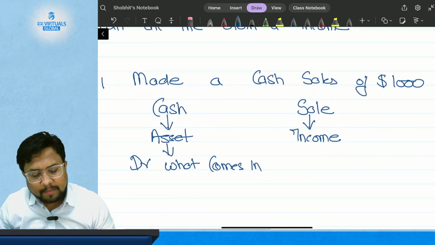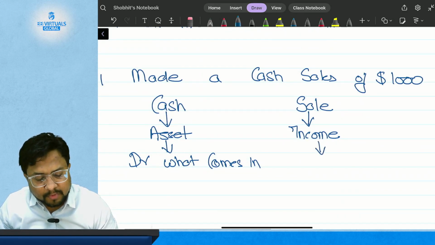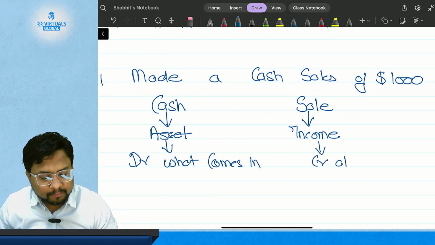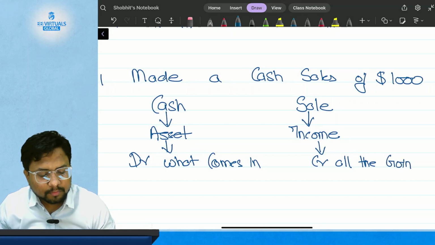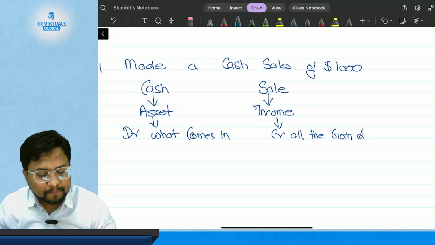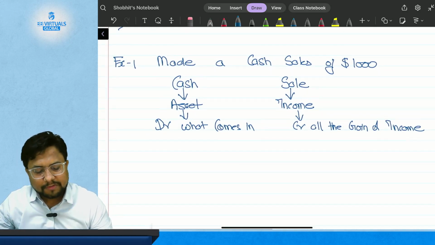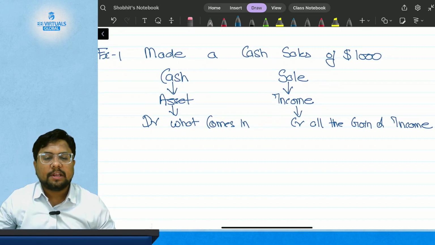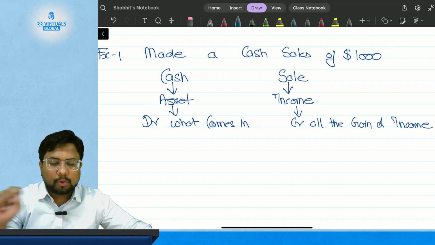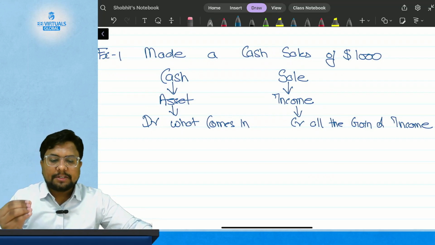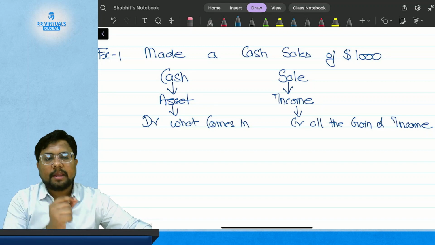Sale is my income, so what rule will apply? Credit all the gains and income. So for the first illustration where I have made a cash sale of $1,000, there are two elements, cash and sale. Cash is my asset and sale is my income.